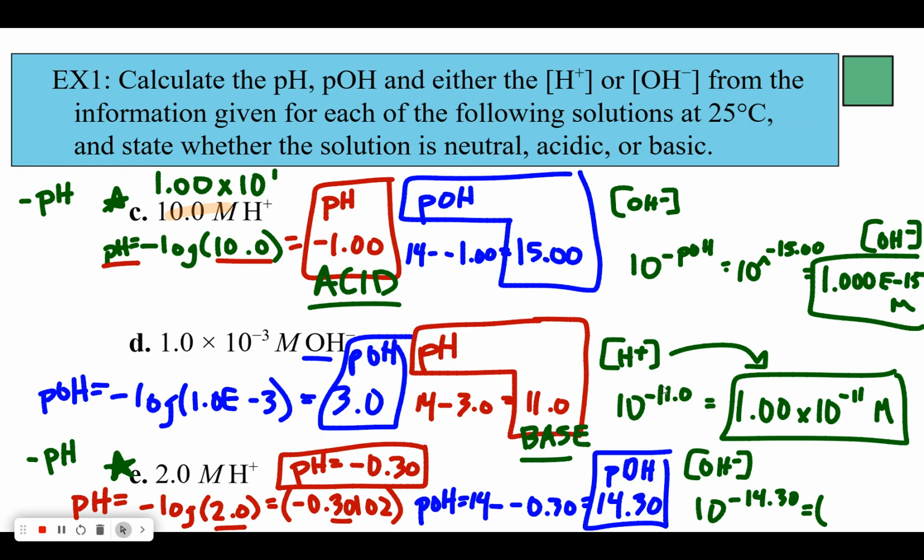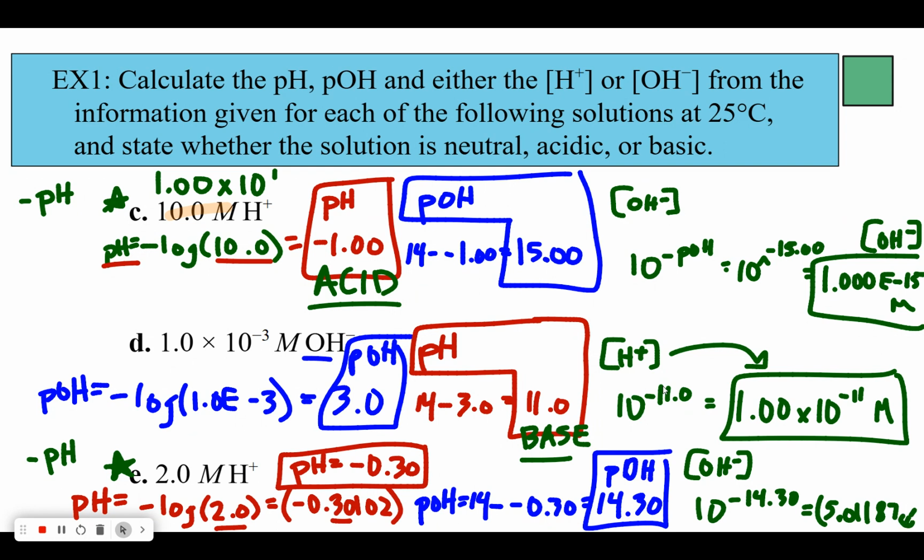If I try to write it out as 1 times 10 to the negative 14.3, it's not a proper number. It's not correct. Just plug it into your calculator. It'll fix it right up. Mine tells me this answer is 5.01187. It keeps going. But that's E negative 15.